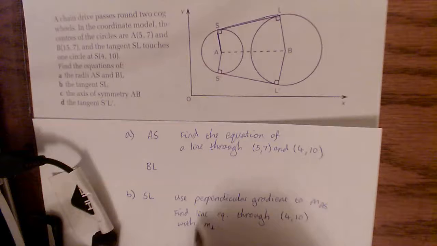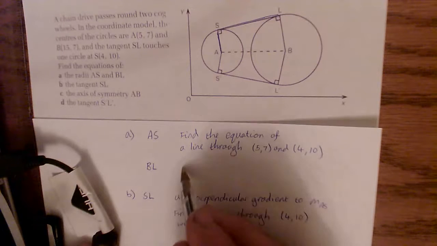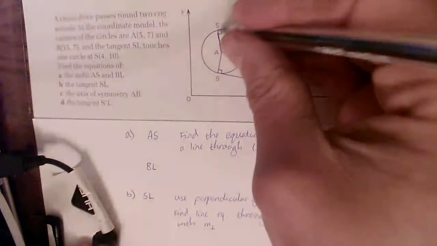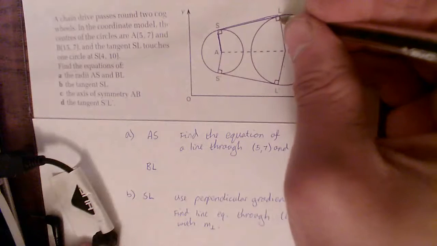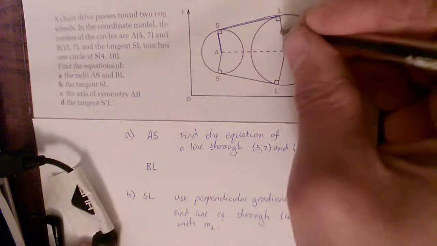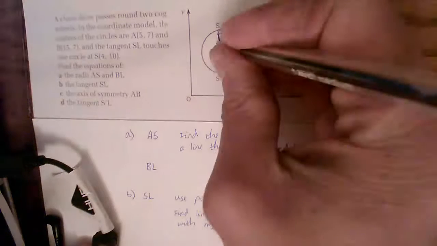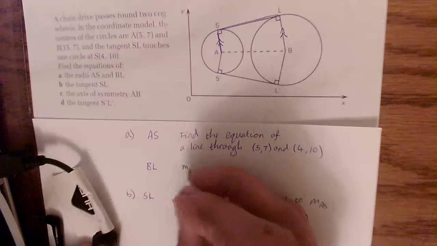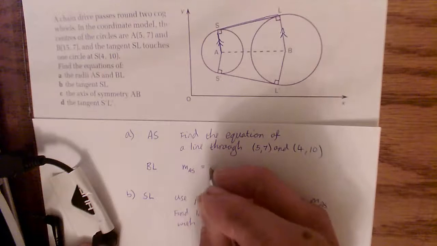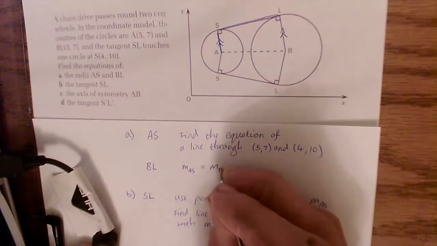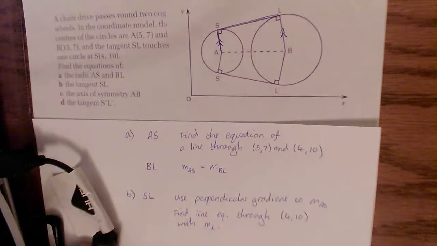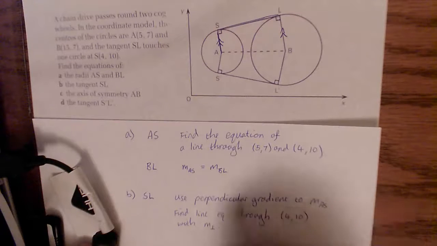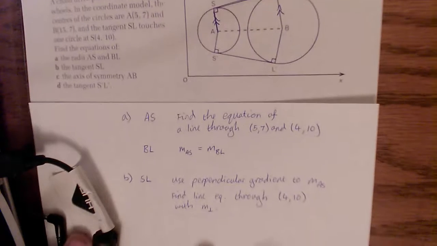We can actually then use this idea to help us think about BL. Now you know that if this is a right angle and this is a right angle, then this line here and this line here are parallel. So m_AS is equal to m_BL. Because they're parallel, we know those two gradients are the same, and then we can do a very similar thing down here.